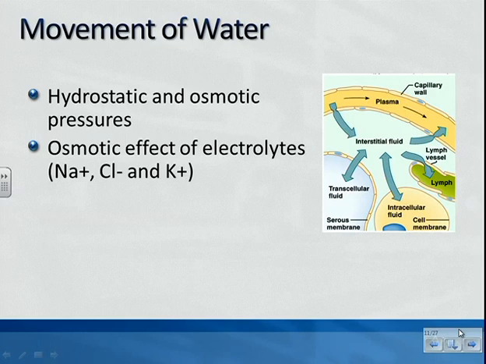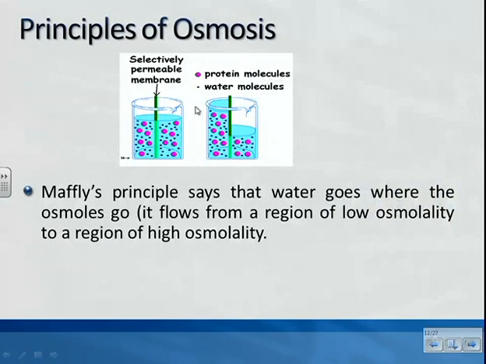Okay? So, but let's review a little bit about principles of osmosis. I'm going to show you a real cool trick that you can do at home if you want. So first, remember principles of osmosis. You already told me what the definition is. You got a selectively permeable membrane. So in this case, this thing does not let proteins get through, but water can move across. So if you've got a lot of proteins over here, then over here, where does water want to go?